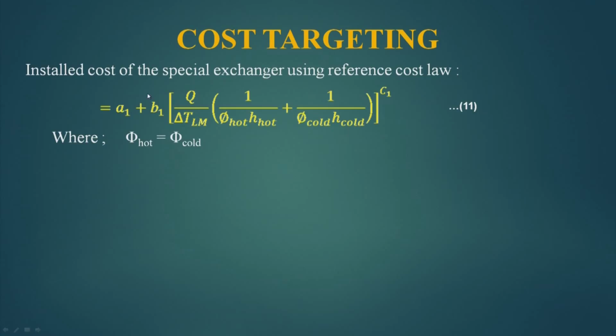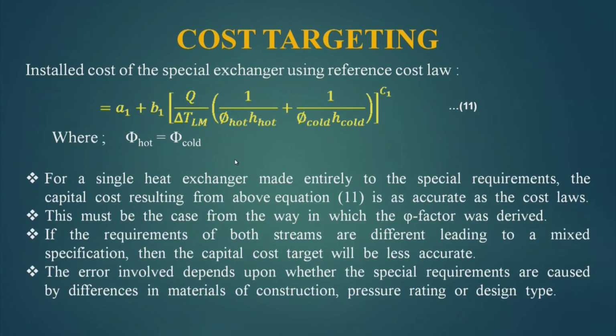So, this gives you how to compute the cost of a heat exchanger which requires some specialized material for its operation. Now, if we make phi hot equal to phi cold, the things become simpler.